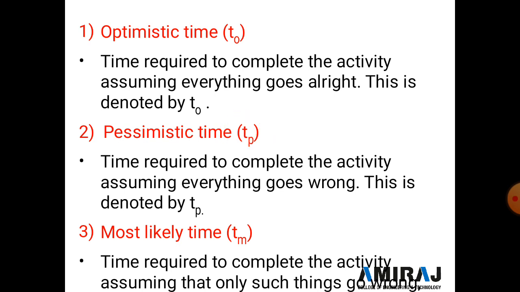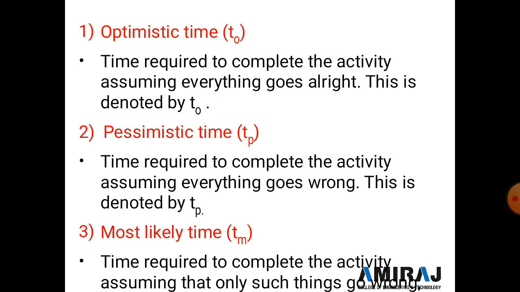Like if we write that excavation is completed in 3 days, but the excavation is not completed in 3 days and takes more, like 5 days or 7 days, this time is known as the pessimistic time, denoted by TP. And the third one is the most likely time.